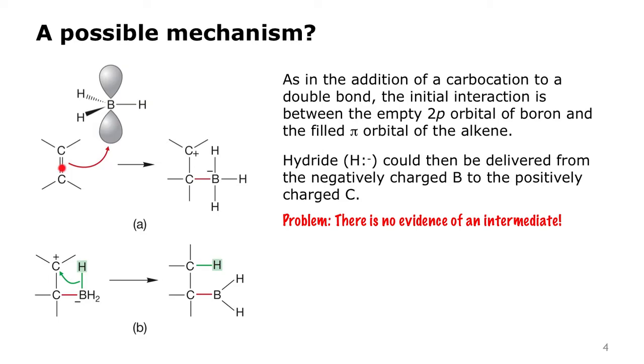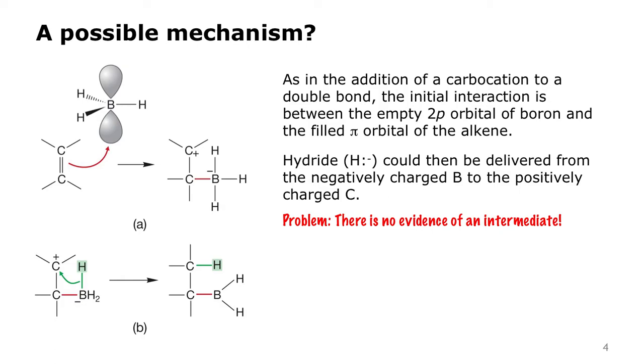If we think about that simple interaction, then the immediate product should be a compound that has this structure where we've added BH3 and we formed a carbocation. And then you can imagine a subsequent step where hydrogen with the pair of electrons, so effectively a hydride, is transferred to that carbocation.